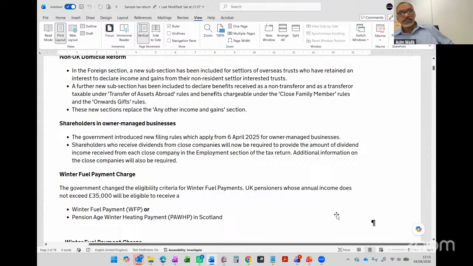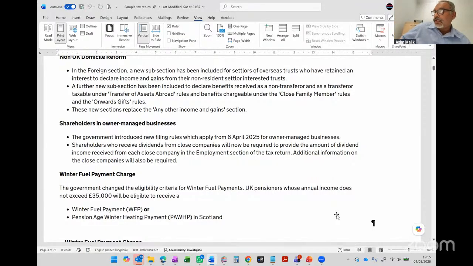There are disclosures on owner managed businesses. So previously, if you are getting salary income and dividends from your own business, which is a corporate business, a company आपने बनाई हुई है, you just basically simply disclose salary and rental income.